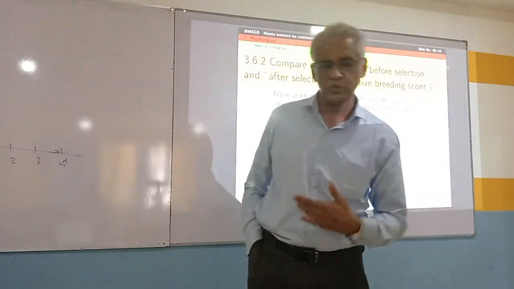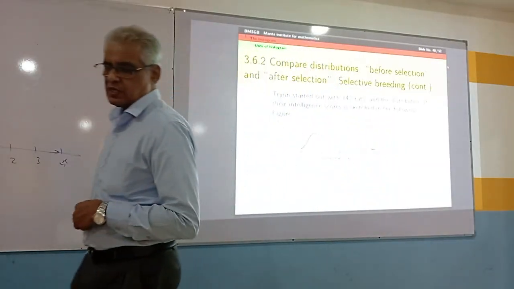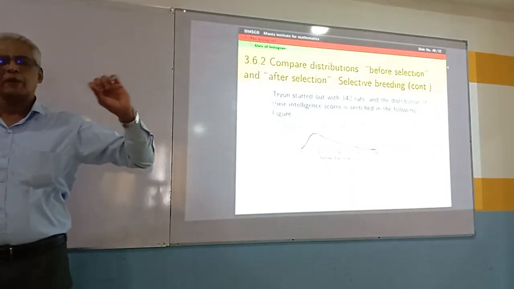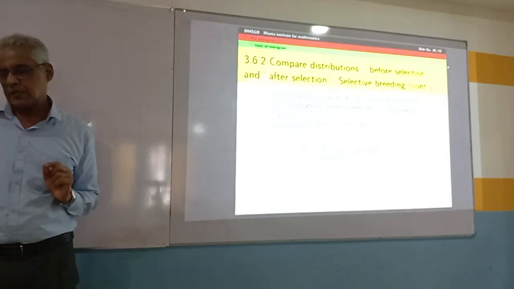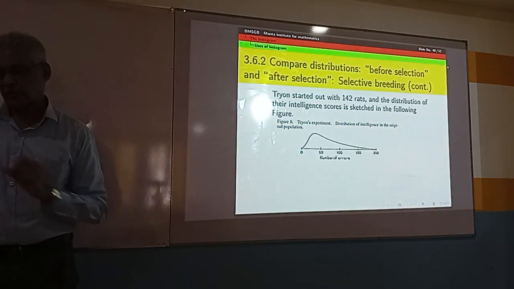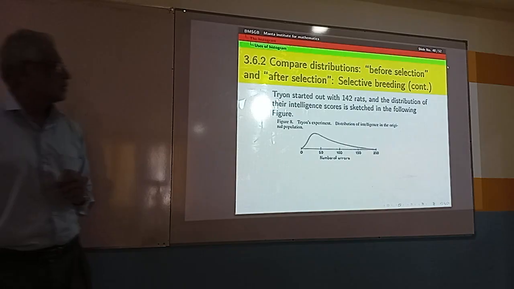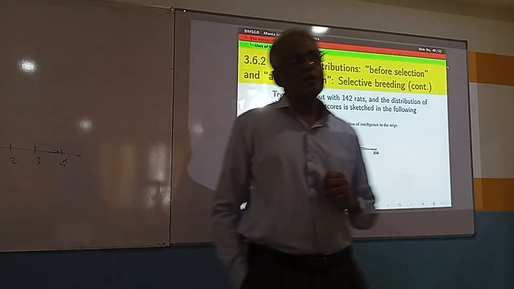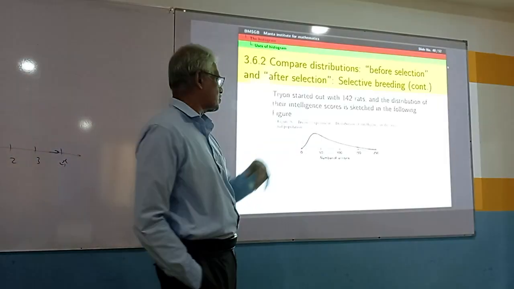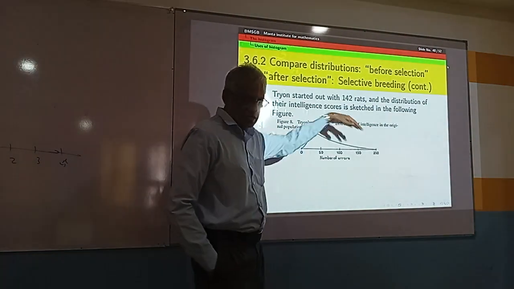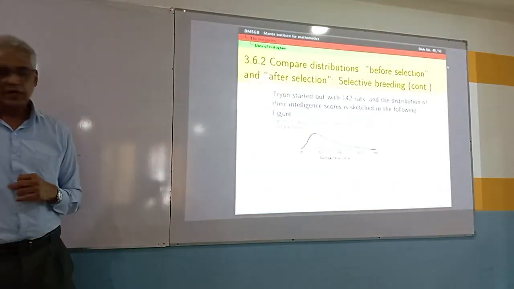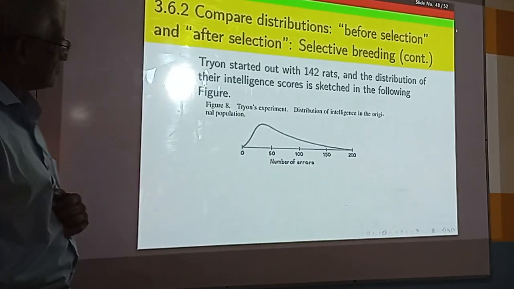Each rat was exposed to 19 trials. So for all these 142 rats, they have a number, the number of errors made by each rat. So 142 numbers. When they drew the histogram, they had generally this shape. Here what you have is not actually a histogram. This is a smooth histogram giving the shape. So what does it tell you?